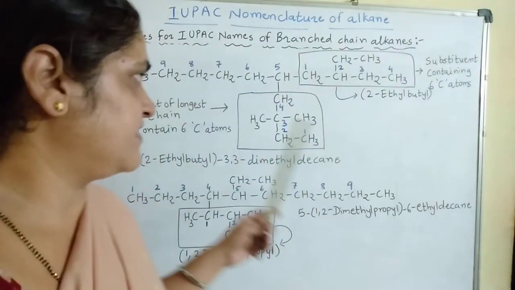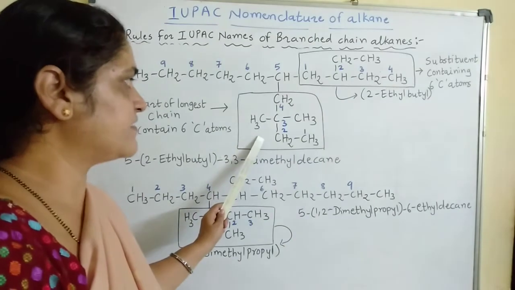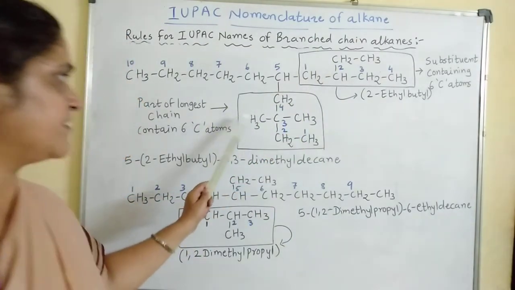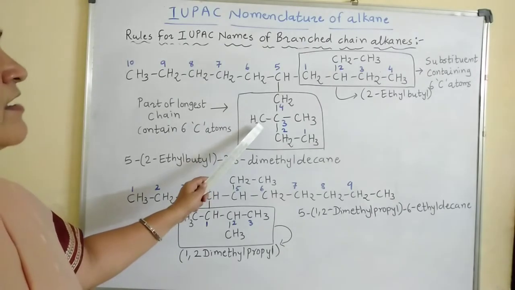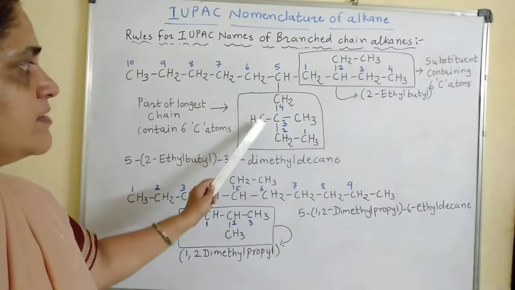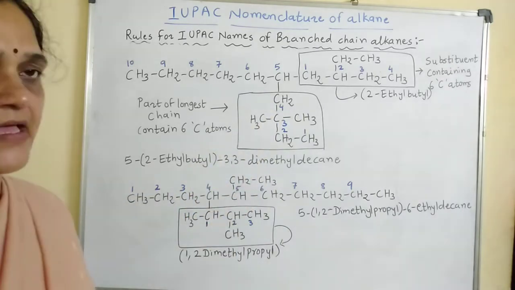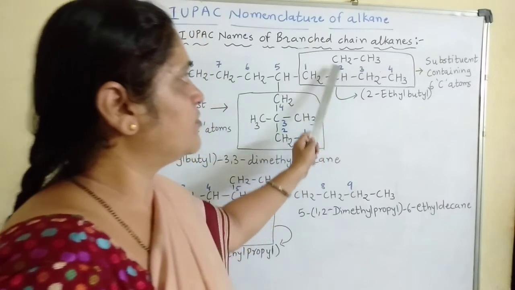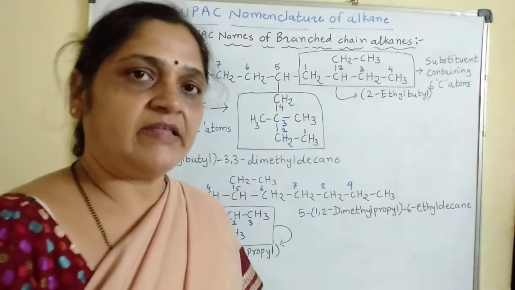Now let us see in this example, this is the one complex group and this is the second complex group. In this complex group you will find there are 1, 2, 3 and 4 carbons, and carbon number 3 is containing 2 methyl groups. Now here also 1, 2, 3, 4 carbons, and carbon number 2 contains 1 ethyl group.